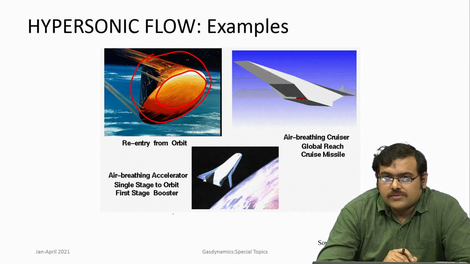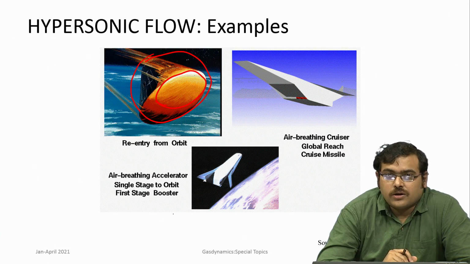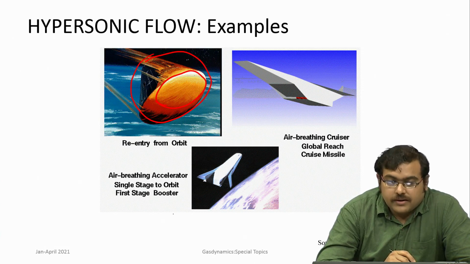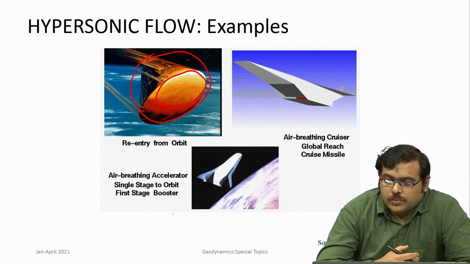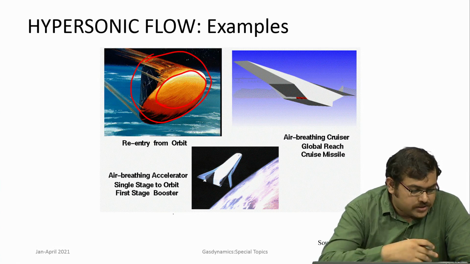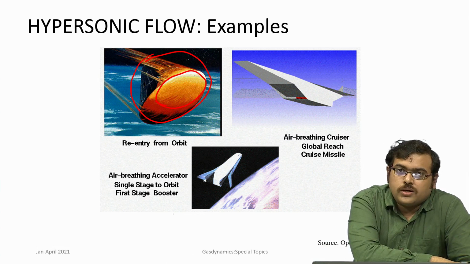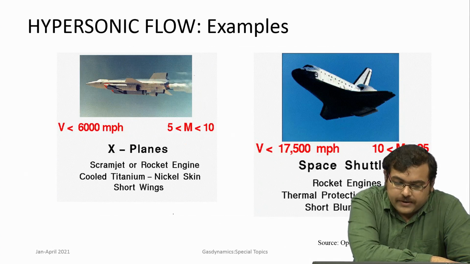The rocket is also not readily recovered, though nowadays there are technologies to recover launch vehicles. But people have been thinking of vehicles which can be reused again and again. Such vehicles will go through hypersonic flows as they go out into space and come back.